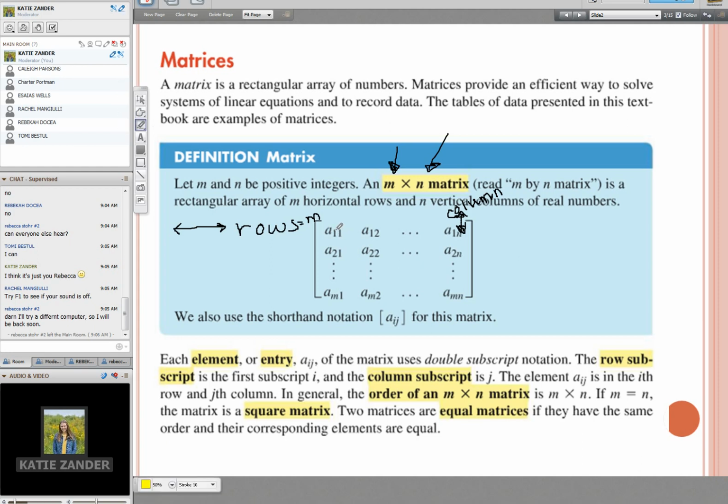So the 11 is denoting the row and the column that it's appearing in. And if I look down here, A sub 22, that's the element in row 2, column 2. So that's how we read those tiny subscripts.